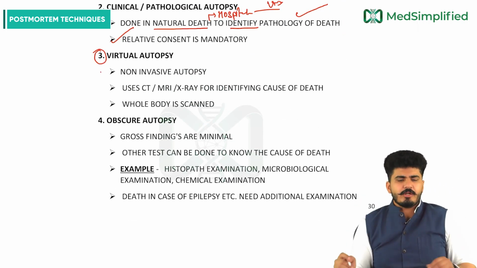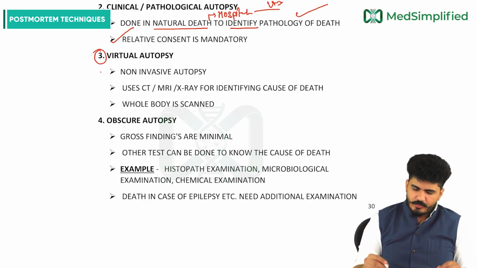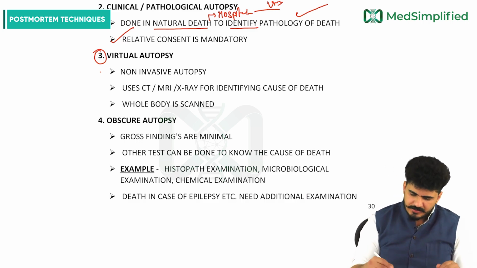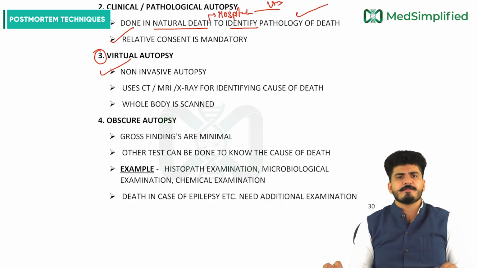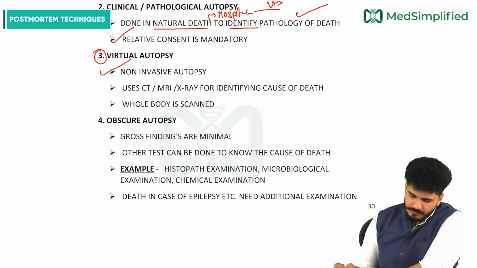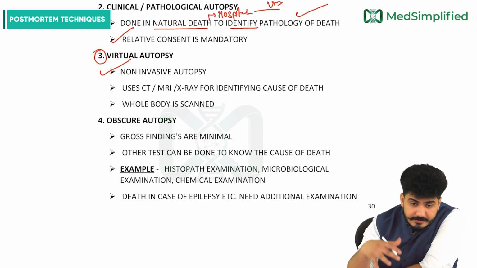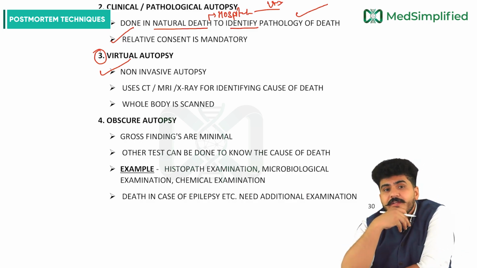Guys, virtual autopsy, the word itself is telling you, virtually you are doing that. That means this is a non-invasive autopsy. The first point itself is telling you that. This is a non-invasive autopsy; what you can do without going inside, how you can dig out the truth, my dear friends.